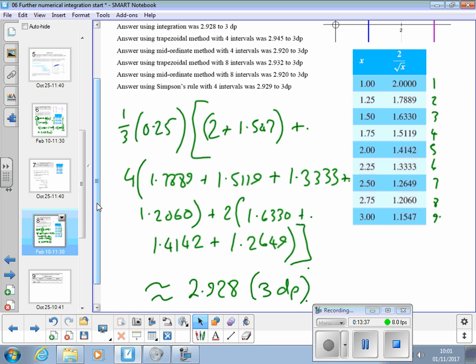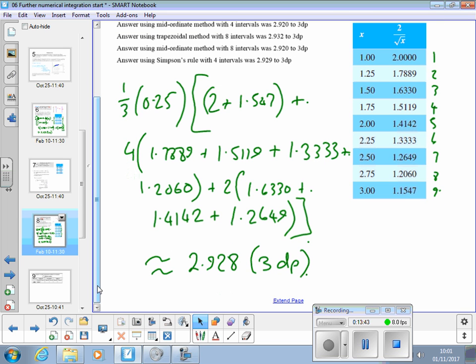You might think I'll always go for Simpson's rule, but you might find that you don't actually need to. You can use one of the easier ones. There's nothing particularly difficult about it.